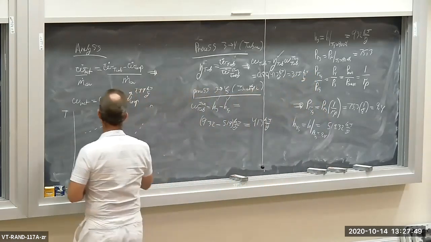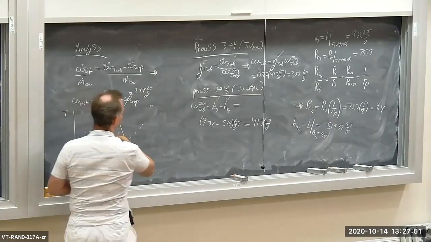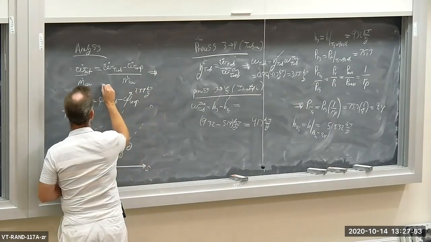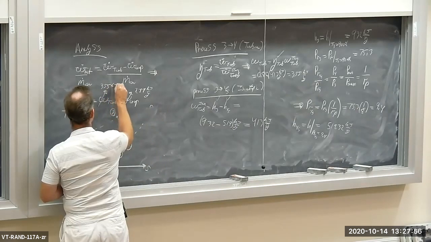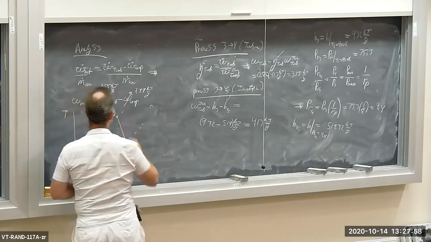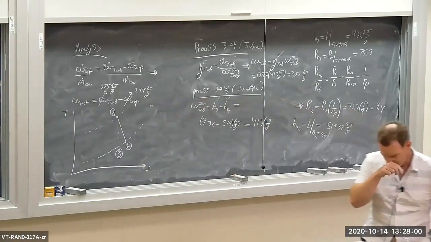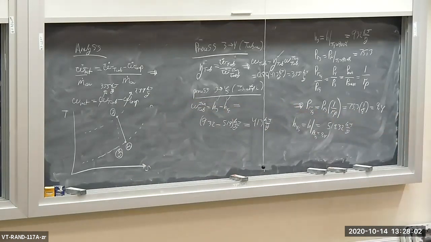So the specific work for the turbine is 355 kilojoules per kilogram.